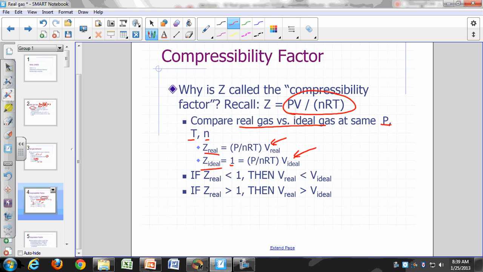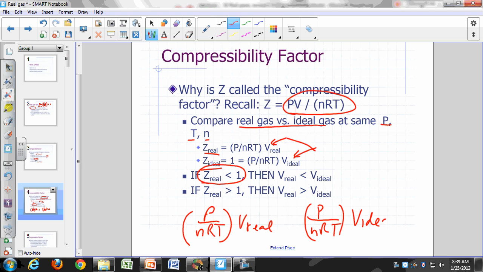All right. So what does it mean when Z real, the Z for our real gas, is less than 1? Let's compare these two. P over nRT times V real, compared with P over nRT times V ideal. This right-hand side is equal to 1 if it's behaving ideally, at the same pressure and temperature as an ideal gas.